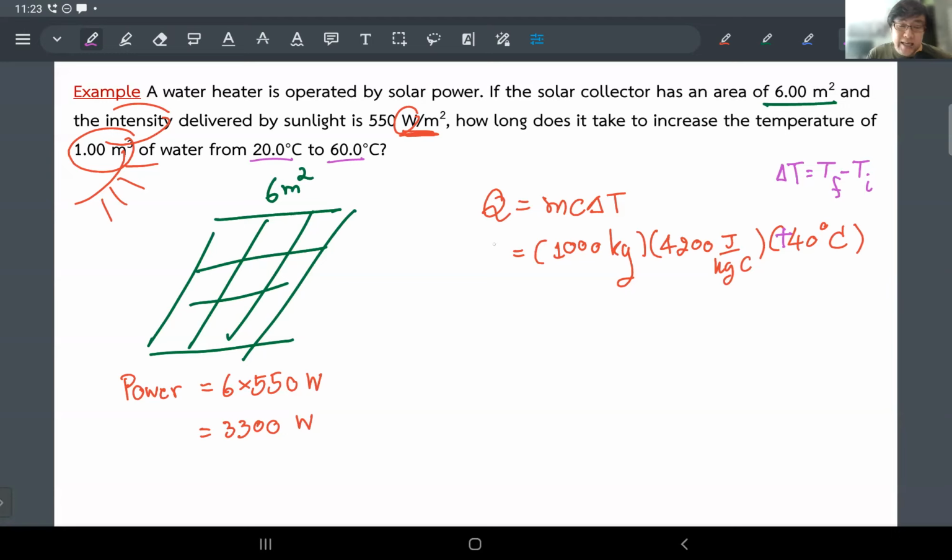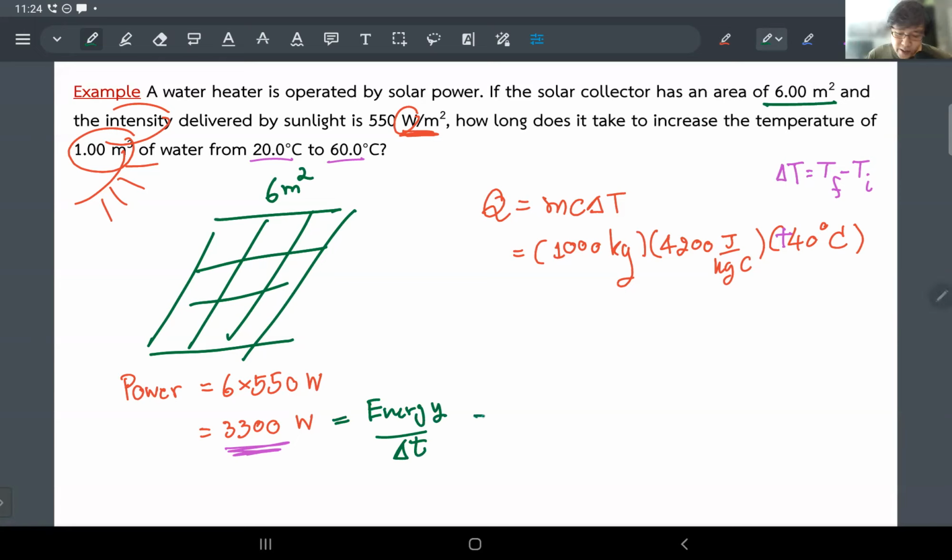Now that is the amount of energy that you need to warm up the water by 40 degrees. But then the power is right here. And everyone still remembers, I hope, that power is just the energy per unit time. The power is just the rate of the energy flow, or energy transfer, or energy supply, whatever.